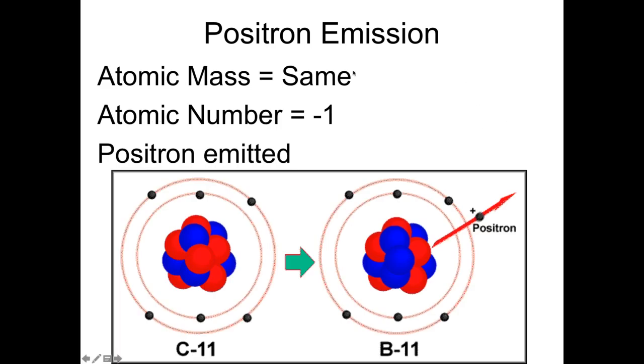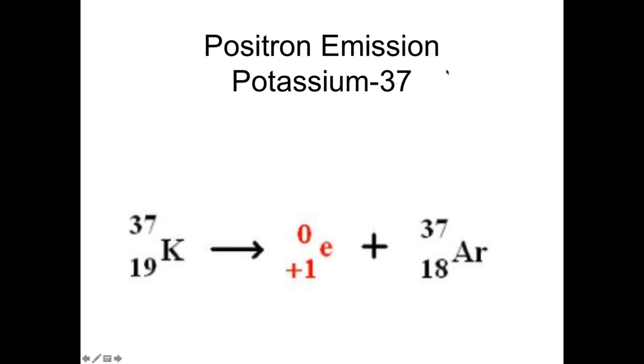Again, as I said, same mass, atomic number goes down by 1, and the positron's emitted. You can write this up as a chemical equation. So if you have a positron emission for potassium-37, you'll have 37 over 19, because 19 is the atomic number for potassium.